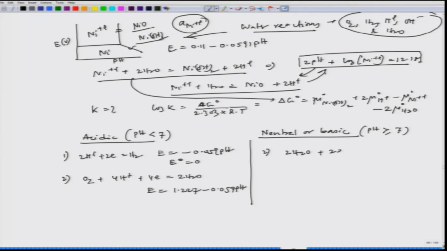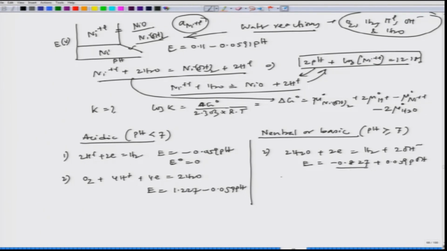and on the other side we have 2H2O plus 2e equal to H2 plus 2OH minus, and for this E equals minus 0.827 plus 0.059 pOH. Why is this term coming for this reaction?